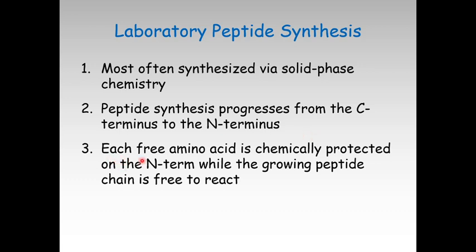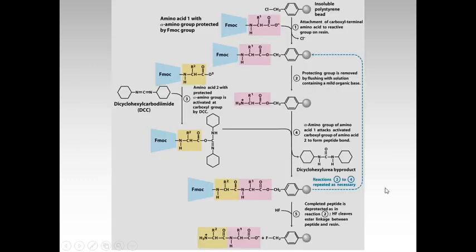In the laboratory, each free amino acid is chemically protected on the N terminus while the growing peptide chain is free to react. This slide describes how peptides are chemically synthesized on an insoluble polymer support, which is called a solid support.